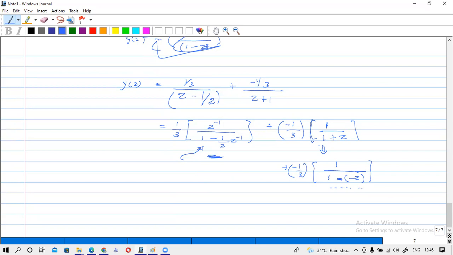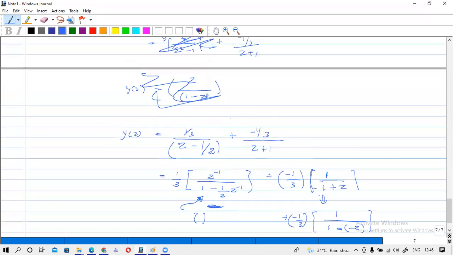So I think this is okay, no? You can find the inverse transform here, because we have already found this.